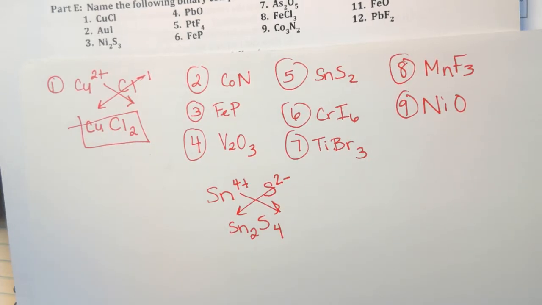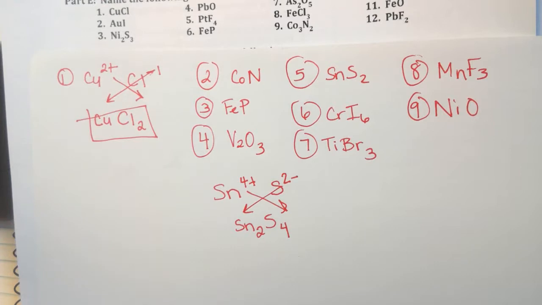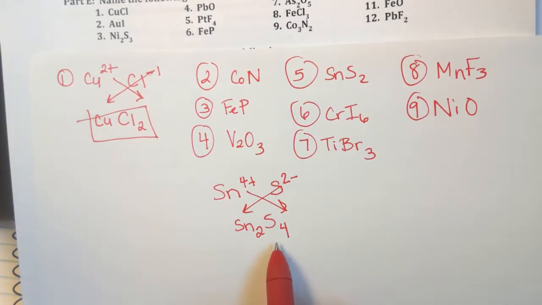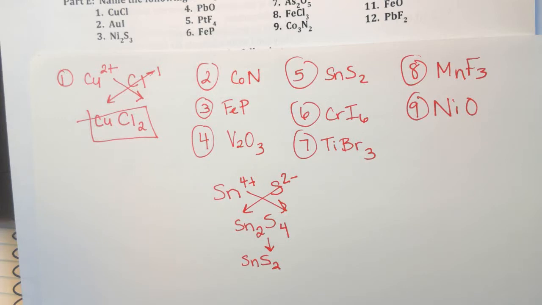But remember when we were talking about your notes yesterday that when we were looking at ionic compounds, it has to be in its simplest ratio. So I have to look at the subscripts, and the subscripts are both divisible by what? 2. So I'm going to divide each one by 2, and it simplifies to SnS2. Okay? No problem. Questions?